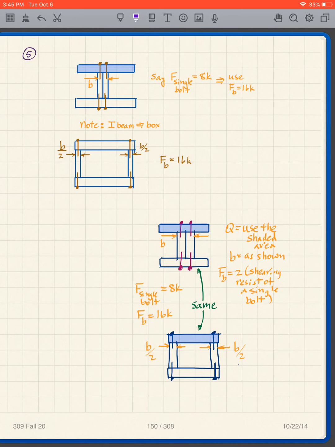Now, what happens if I have an I-beam that looks like this, for instance? Let's just say this is my I, the web here, and for the sake of discussion, I've shown the web made of two pieces, so I have bolts going through each of these pieces.